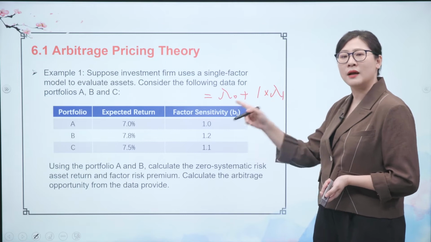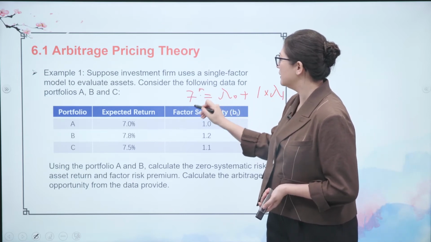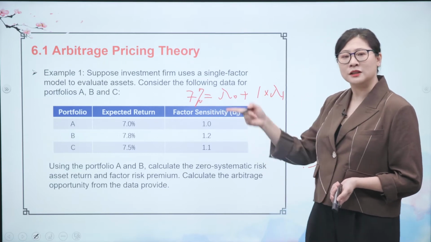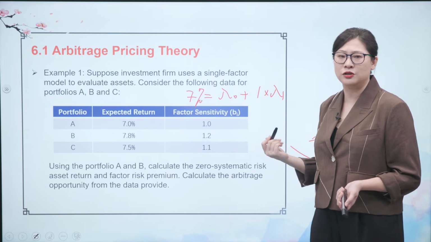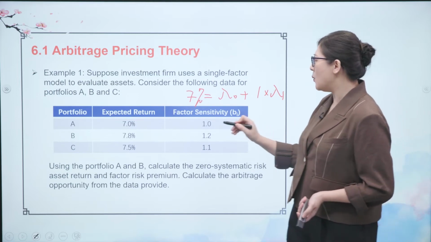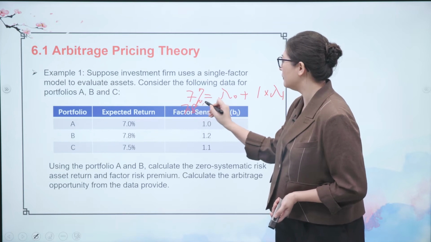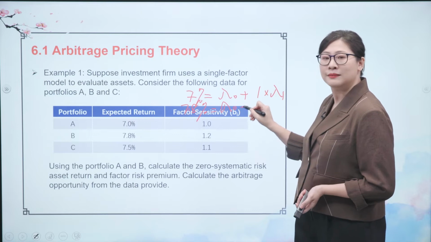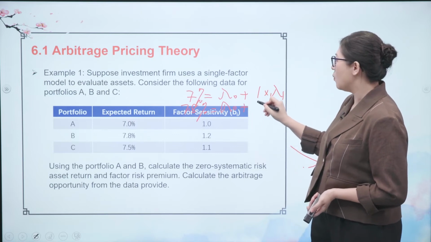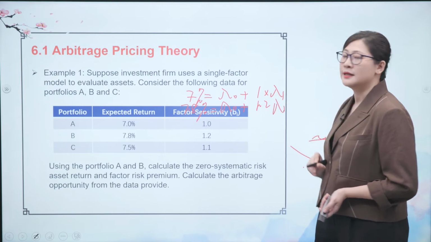So that's your APT model. So lambda 0 plus the beta times lambda 1 should equal 7%. So that's for portfolio A. And with the same method, you can do that for portfolio B, which is 7.8%, which should equal lambda 0 plus 1.2 multiplied by lambda 1.